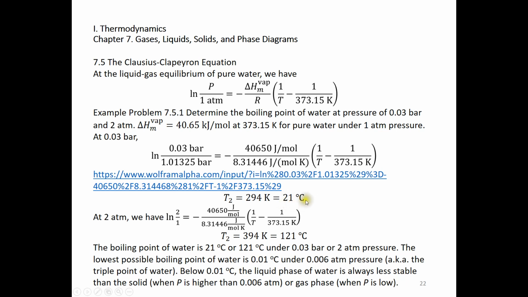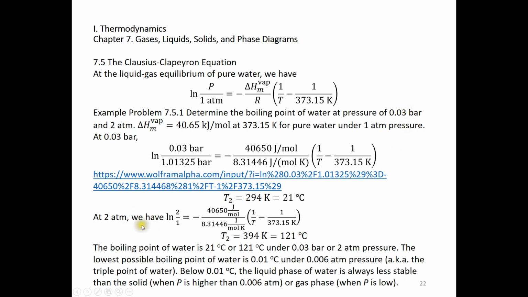Therefore, the boiling point of water is 21 degrees Celsius under this reduced pressure, 0.03 bars. Actually, there's another physical interpretation. So at 21 degrees Celsius, when liquid water and water vapor are at equilibrium, well, the partial pressure of water vapor should be 0.03 bars.